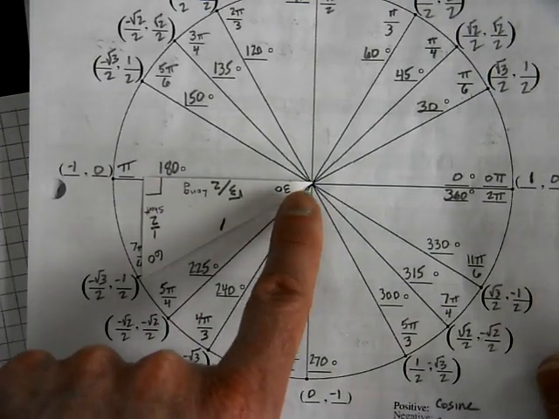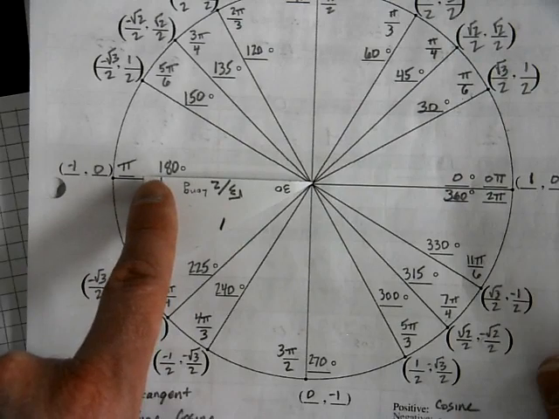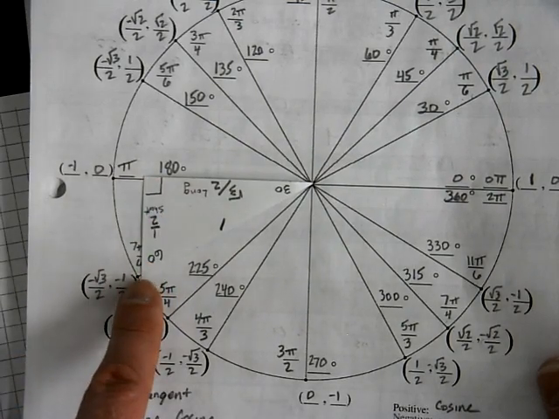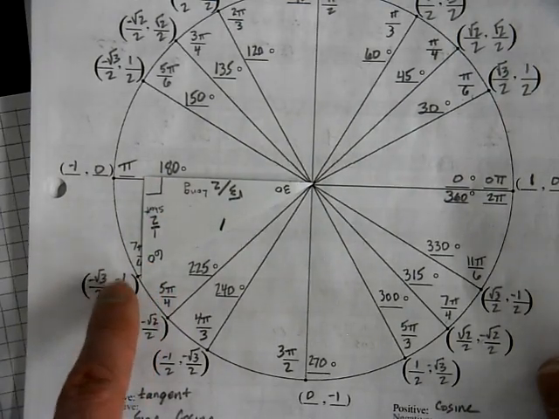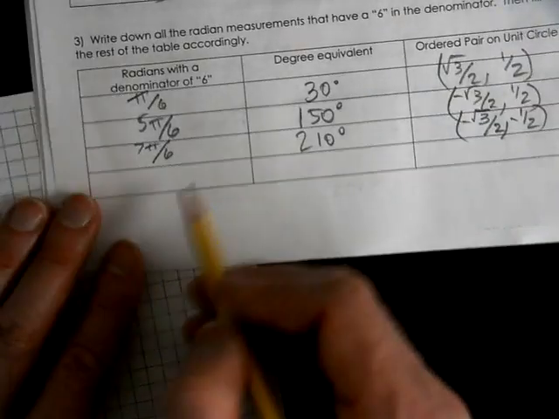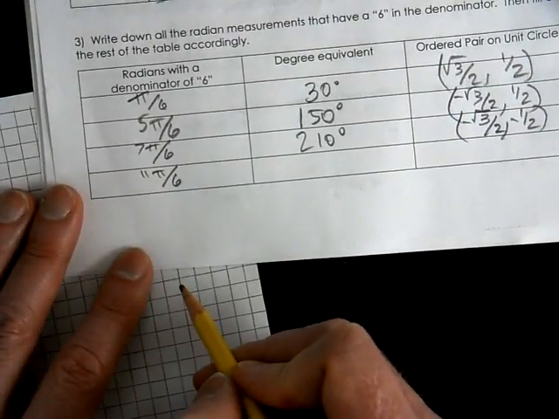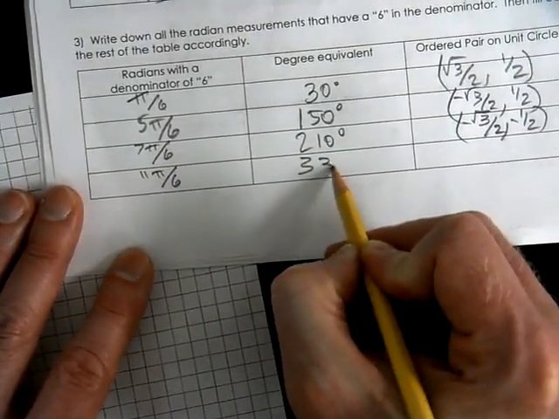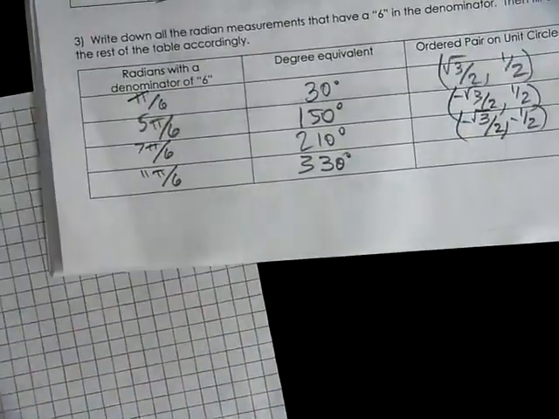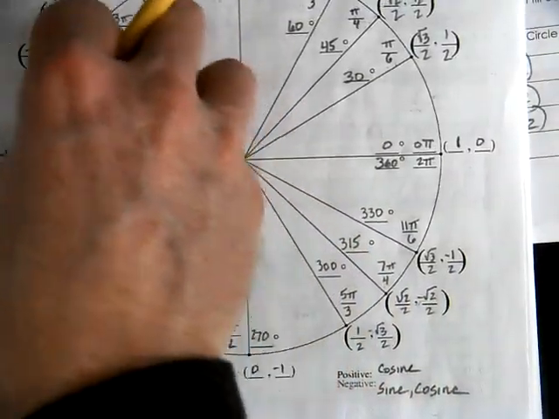30 degrees past the x-axis is over a long distance, down a short distance to get here. And then 11 pi over 6. That's going to be 330 degrees. 30 degrees from the x-axis.